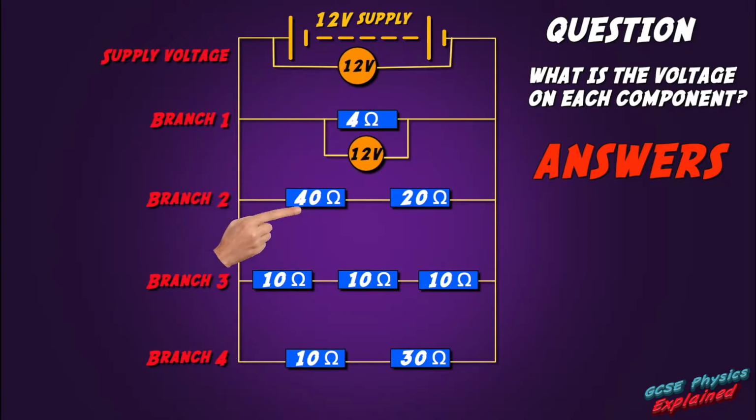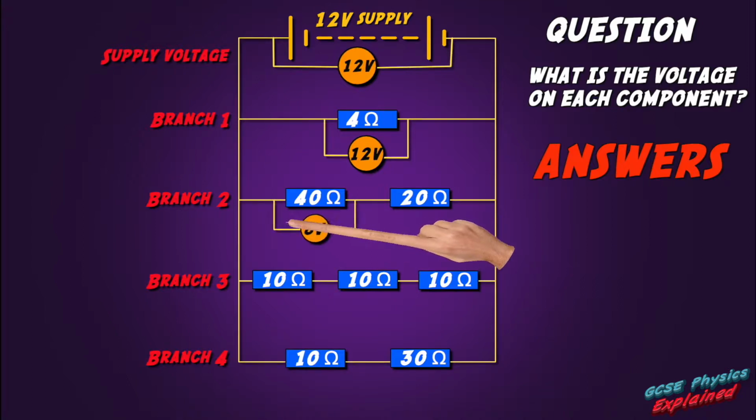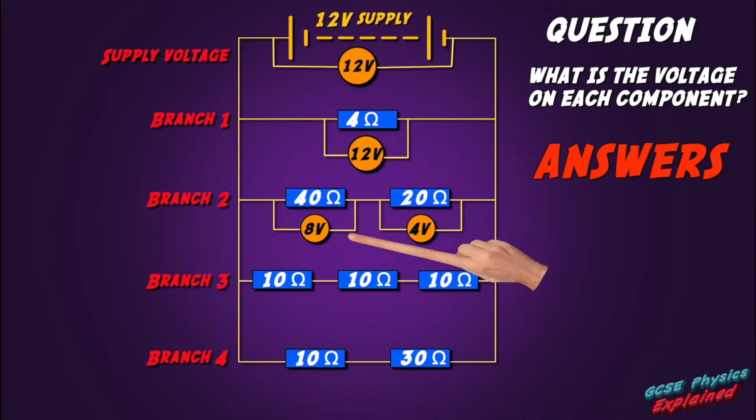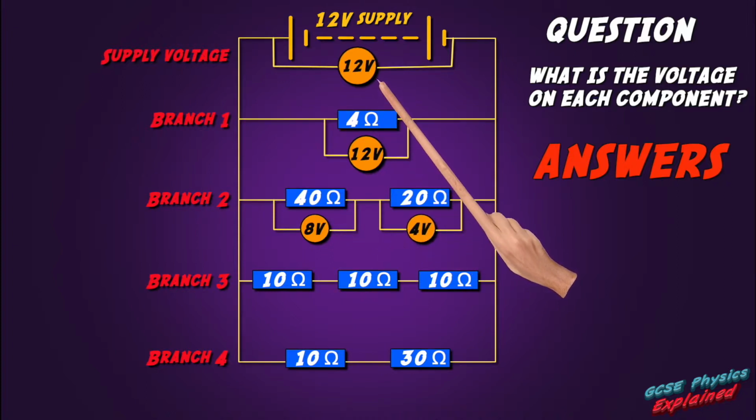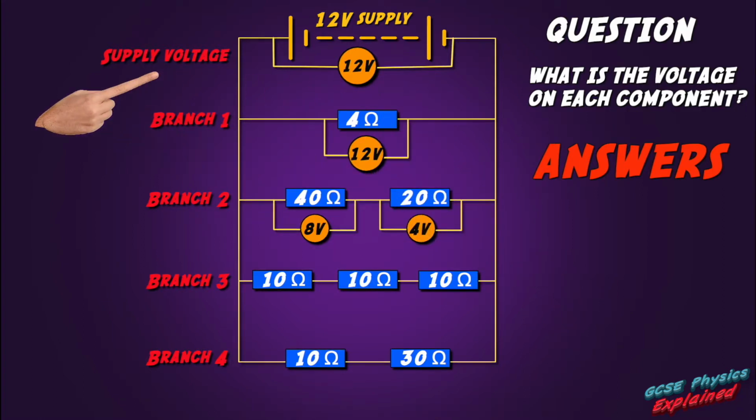It has 2 components. The 40 ohm resistor is twice as big as the 20 ohm resistor. So the 40 ohm resistor gets twice as much voltage. So the 40 ohm resistor gets 8 volts and the 20 ohm resistor gets 4 volts. 8 volts plus 4 volts equals 12 volts. So that adds up nicely to the supply voltage once again.